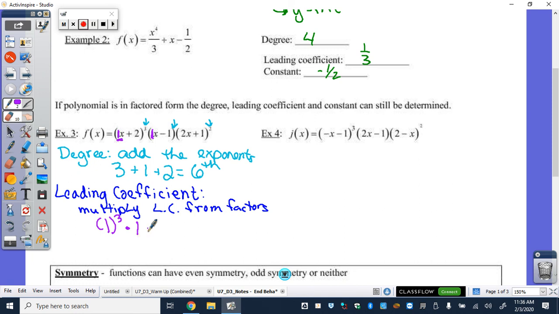And then my third set of parentheses, my leading coefficient was a 2, but that's squared because it's got that exponent 2 on the outside. So now we've got to multiply these together. 1/3 to the 3rd times 1 times 2 squared. What does that give us? 4. Because 2 squared is 4 times 1 times 1, and it's going to say is 4.